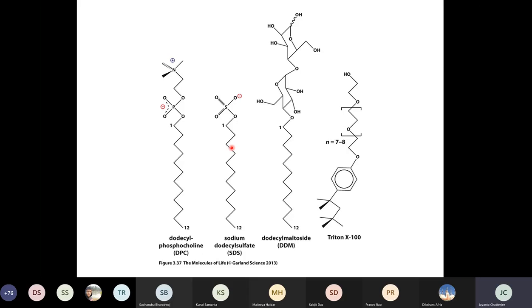I'm not sure whether you'll be doing protein gels, probably you might be this year, we don't know. You will see that SDS is extremely useful in denaturing protein.